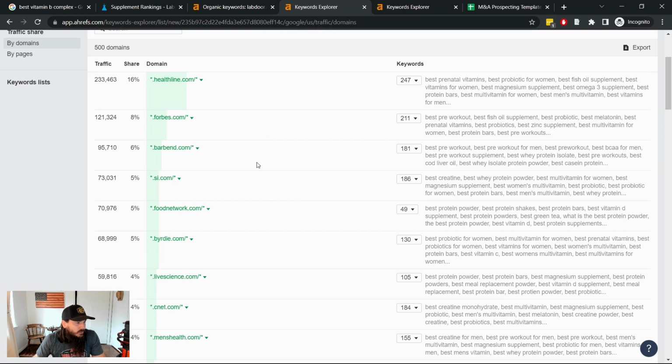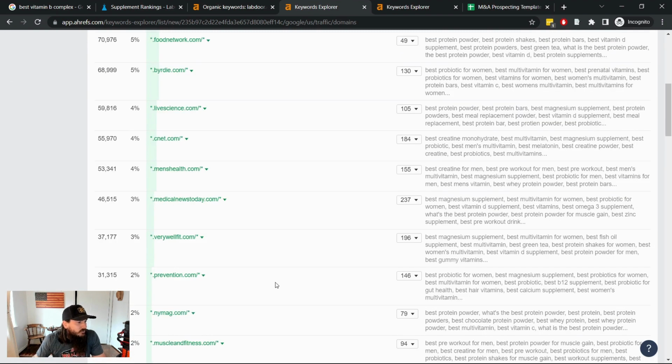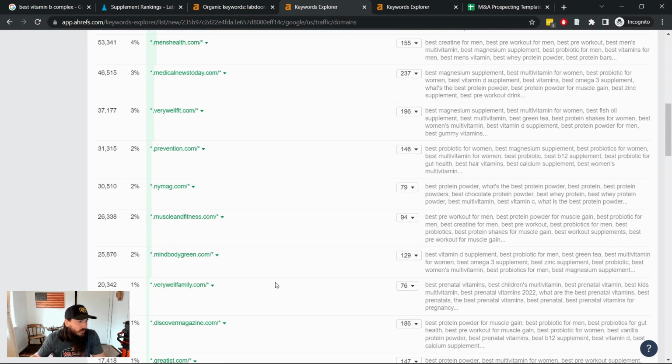So you can see a bunch of large media publishers here, but really, honestly, for what I think most folks are looking for in terms of a potential acquisition would be a category specific site or potentially a pan category site that is available for sale and can drive a lot of increased value post acquisition.